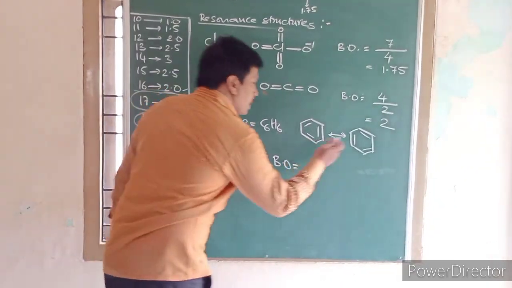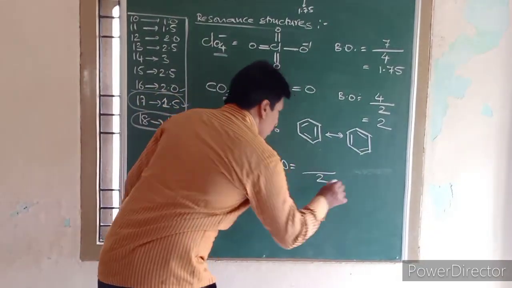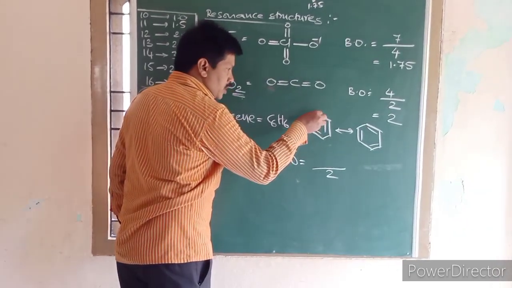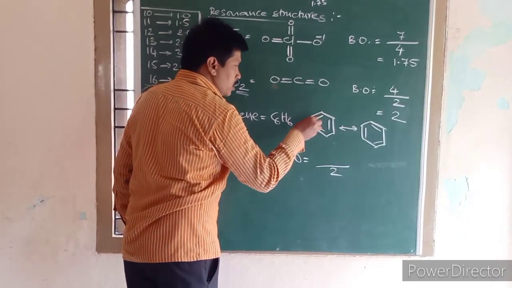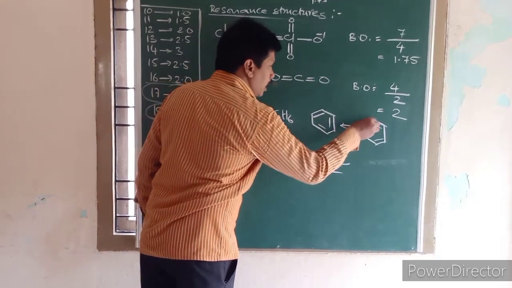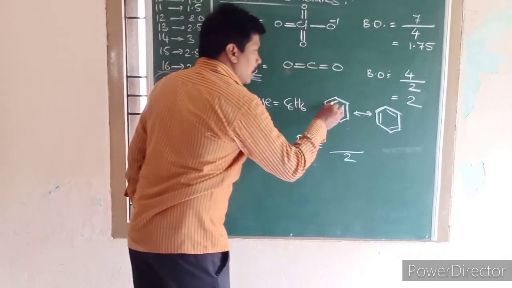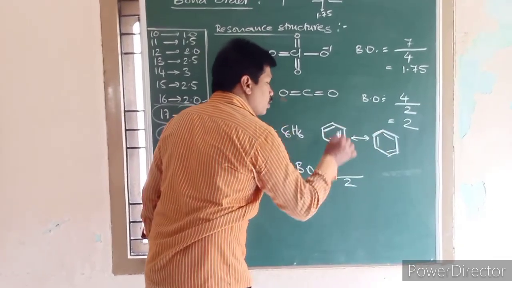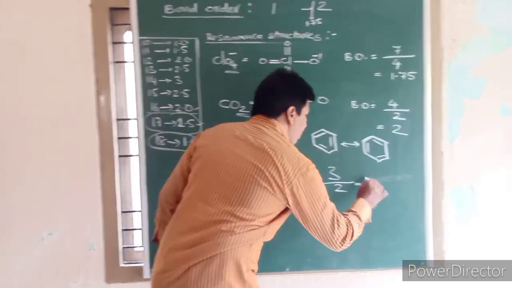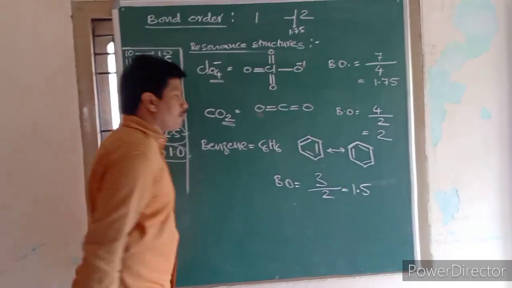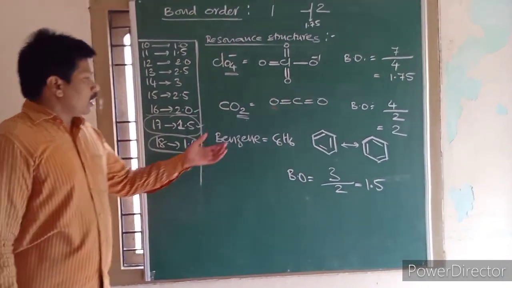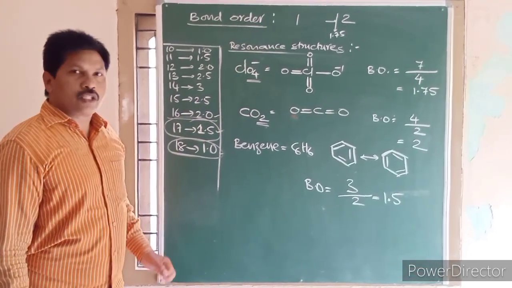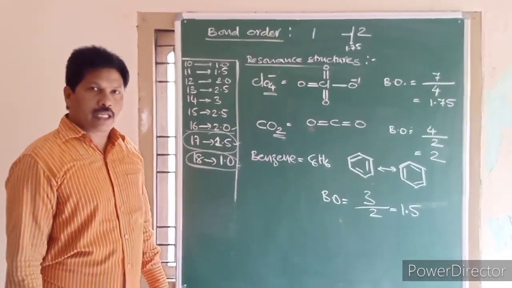The number of resonance structures is 2 and the number of bonds between 2 carbon atoms: here the number of bonds is 2, but here only 1 bond is there. The total number of bonds between the same pair of carbon atoms in all the resonance structures is 3. 3 by 2 becomes equal to 1.5. In this manner, the bond orders are calculated in resonance-exhibiting molecules.